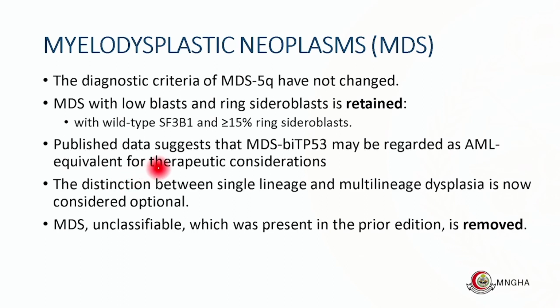They stressed more that the published data suggest that MDS with biallelic TP53 may be regarded as AML equivalent for therapeutic consideration and study. Distinction between single lineage or multi-lineage is optional now in the diagnosis. It's not that important. MDS unclassifiable is now removed from this classification.